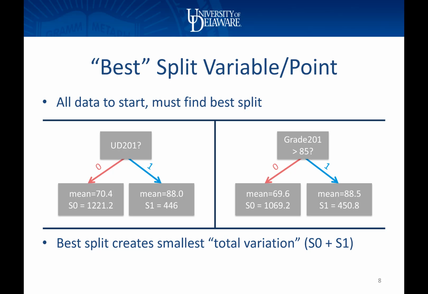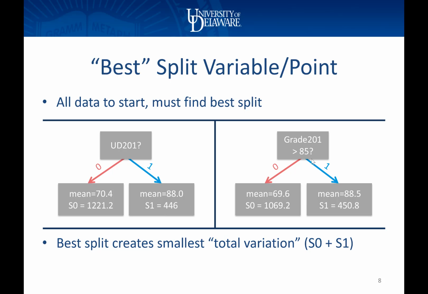So we add together the variation in the two groups and see just how small the new variation is. If we split on UD 201, then the total variation here is 1200 plus 440, so that's about 1660.